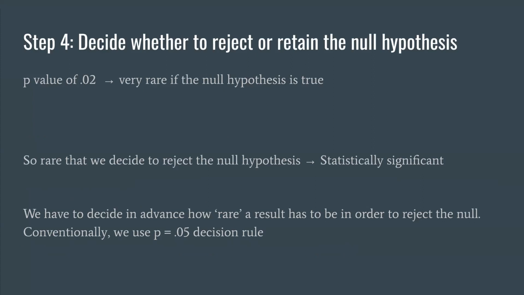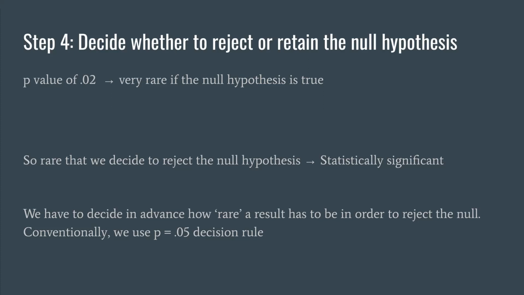When you have a p-value of 0.02, it is extremely rare if the null hypothesis is true. So rare that we think the null hypothesis must not be true. So we're rejecting the null hypothesis, and when we reject the null, we call the result statistically significant.